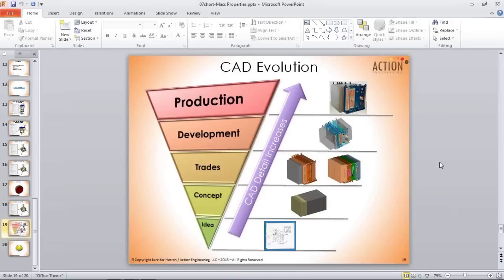My experience has been that me roughly mocking up even some structure is far more accurate than me just guessing out of nothing what that mass will be. And like I said, if we look at this CAD evolution triangle, you start very low with a small amount of detail, and it just expands, in some cases exponentially.